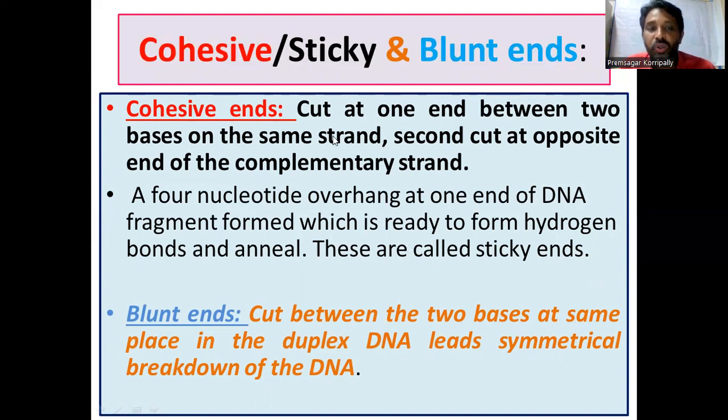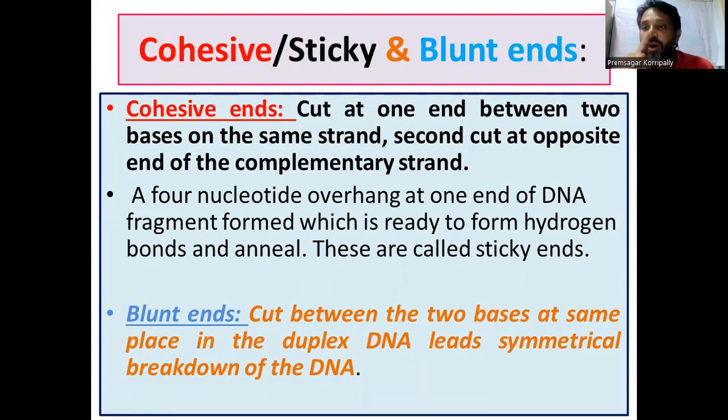So in cohesive ends, two phosphodiester bonds are breaking at different places, at opposite ends. That's why they form the single strand overhangs. But in blunt ends, two phosphodiester bonds are breaking at the same place in the duplex DNA, leading to the formation of symmetrical breakdown of the DNA.